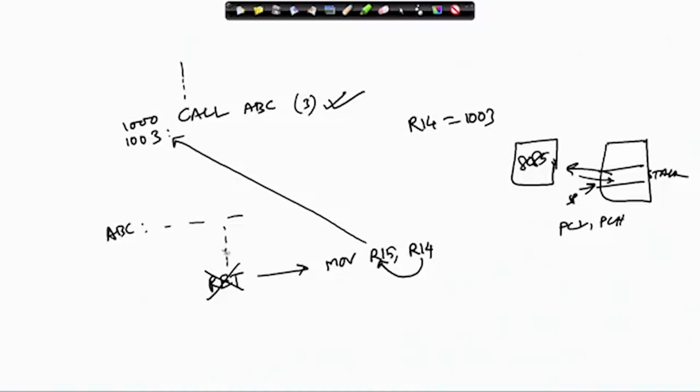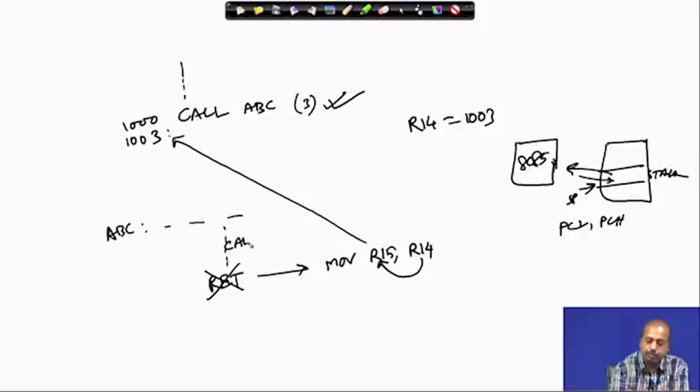But of course, there is a catch. Whenever you are within the routine ABC, if there is another call to another routine XYZ, then what will happen? Suppose the next instruction is at location, say, 2004.